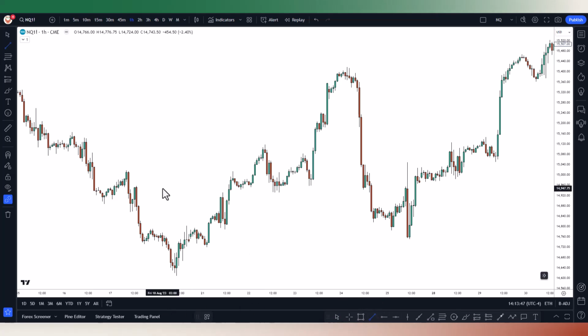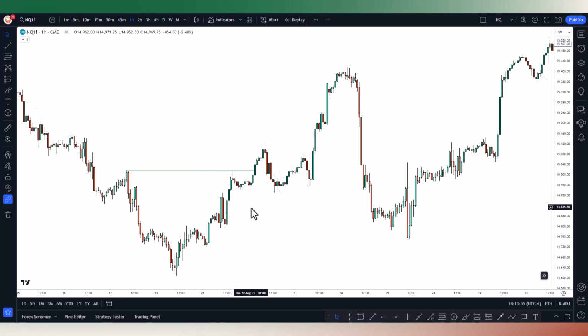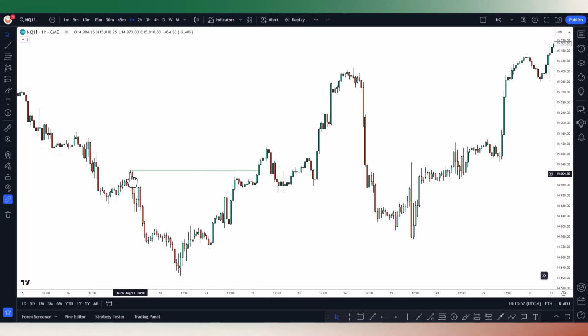So we're having this high, alright, that got breached in here, okay, and this is the trend, the bearish trend that was going, and this is the high made after this important high.